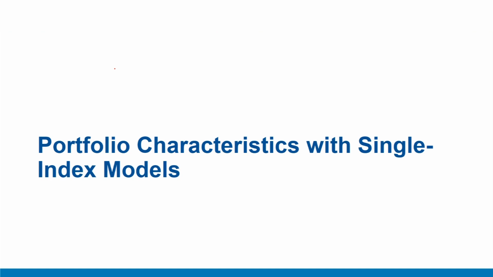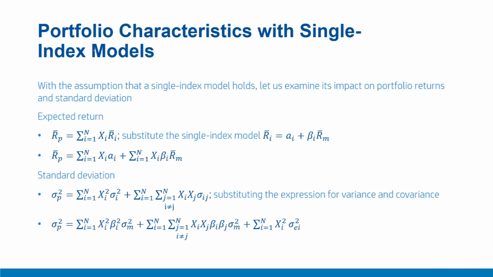In this video, we'll discuss various portfolio characteristics such as expected return and risk in the presence of single index models. Now, with the assumption that the single index model holds, let us examine its impact on portfolio returns and standard deviation. The expression for expected returns on portfolios is provided by this equation: Rp bar equal to summation xi Ri bar, i equal to 1 to n.